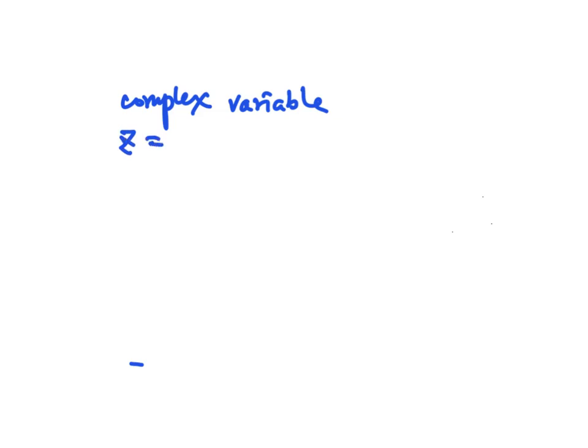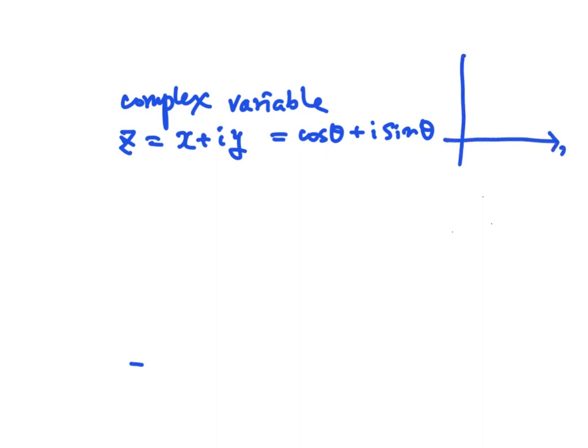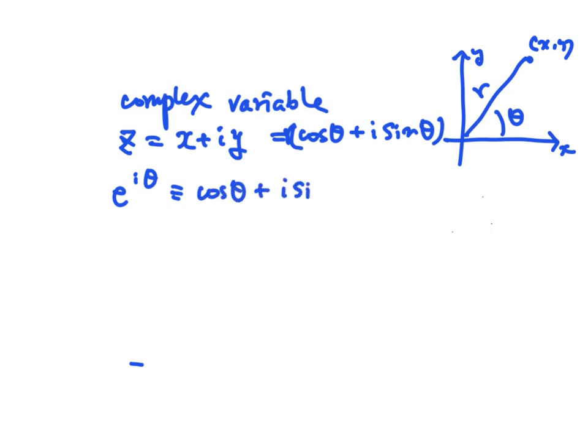So z is x plus i y. e to the i theta is cosine theta plus i sine theta, which is called Euler's formula.